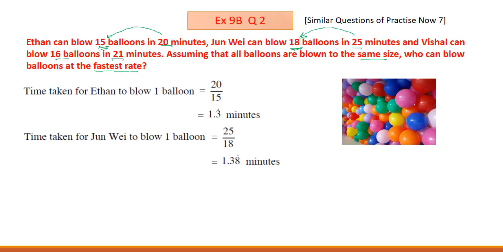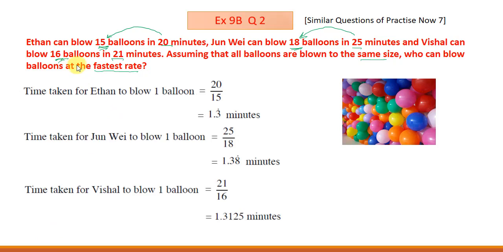So now we will calculate the time for Vishal. Vishal blows 16 balloons in 21 minutes. So for one balloon we will divide 21 over 16. When we calculate it, the answer is 1.3125 minutes.